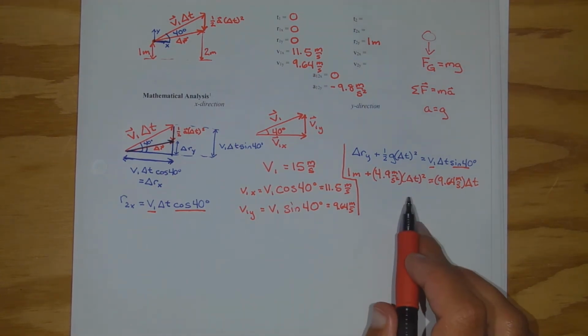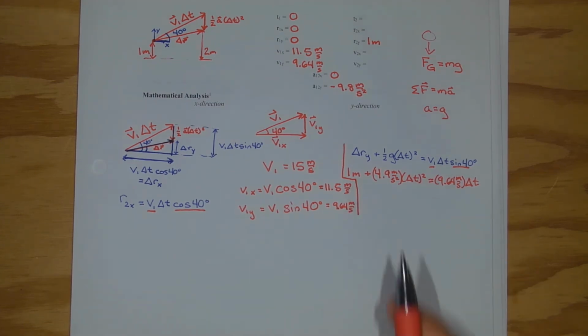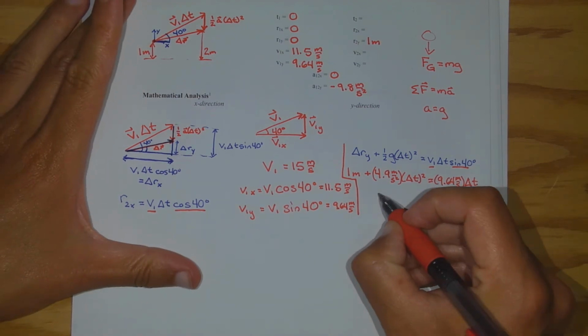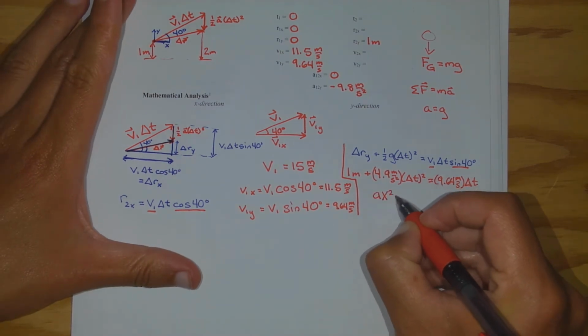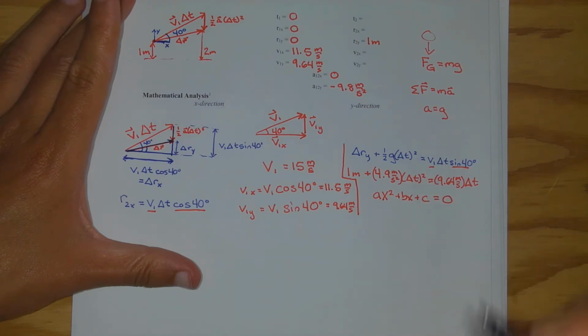Okay, now here I have a delta t squared in this term, a delta t in this term, and no delta t in that term, which means in order to solve for delta t, we're going to have to use the quadratic equation. So I can bring this over to the other side, and for the quadratic equation, it should have the form ax squared plus bx plus c is equal to 0.